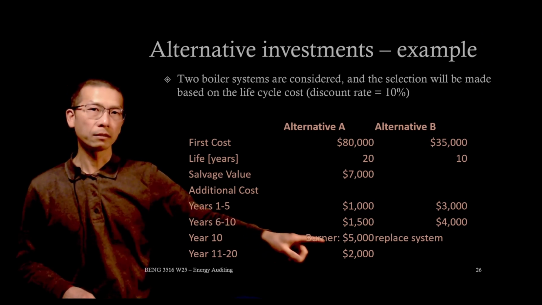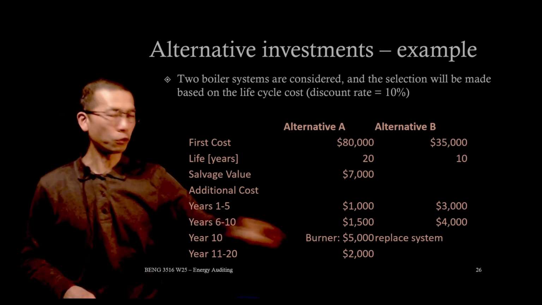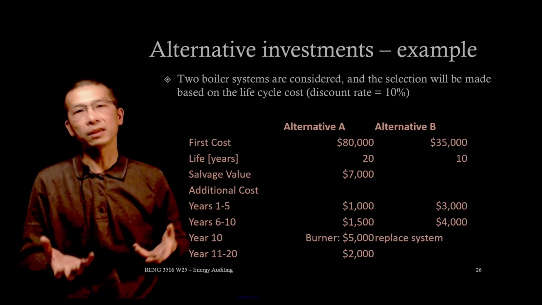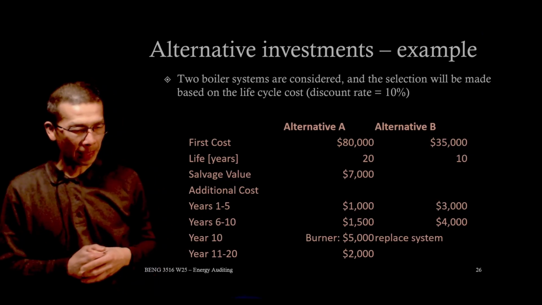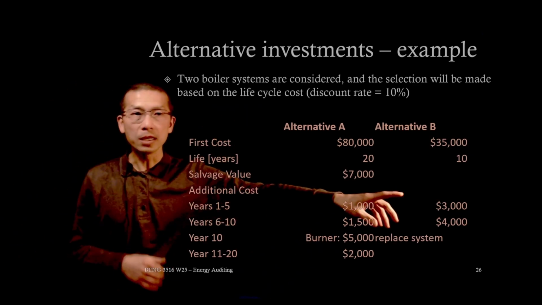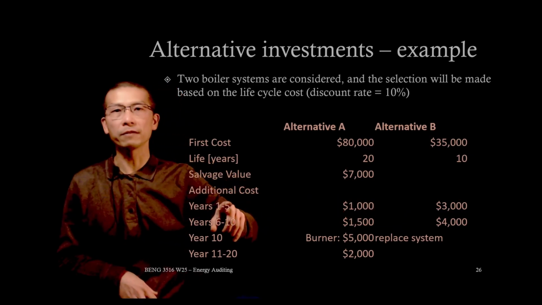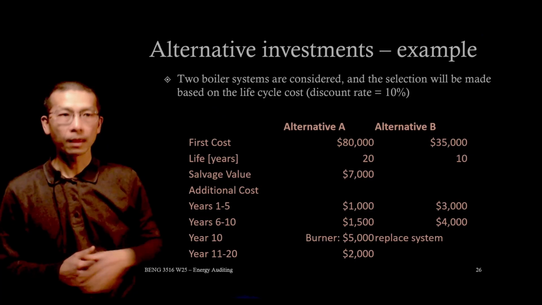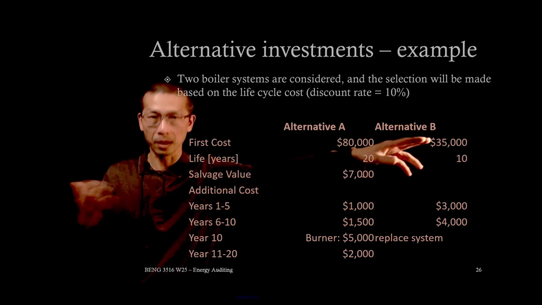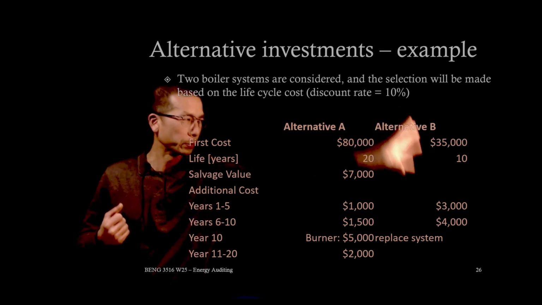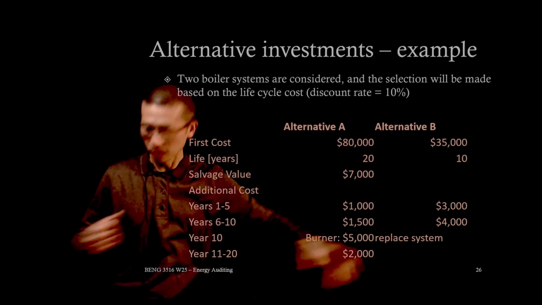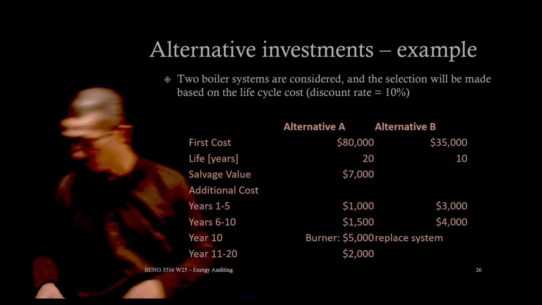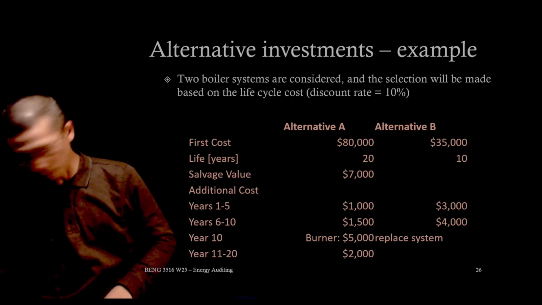For years 11 to 20, $2,000, because now the equipment is old and you need to spend more to maintain and repair. That's system A. For B, 3,000 for the first 5 years and 4,000 for years 6 to 10. And of course, at year 10, you will spend 35,000 again to replace the whole system. I can give you the answer now, but we will look at this in the classroom.